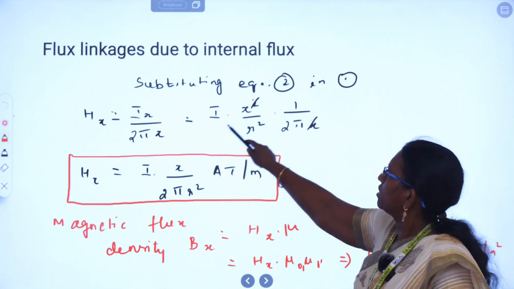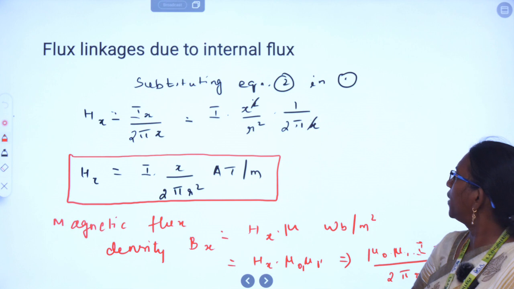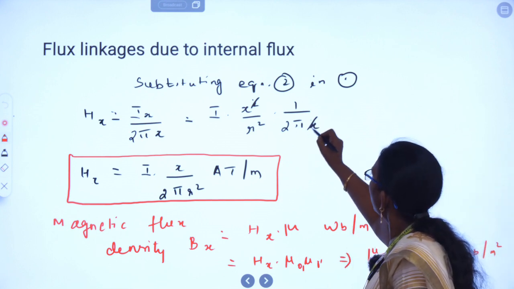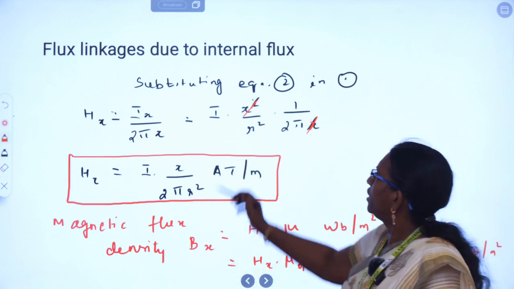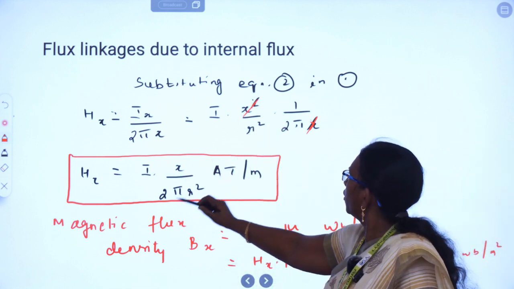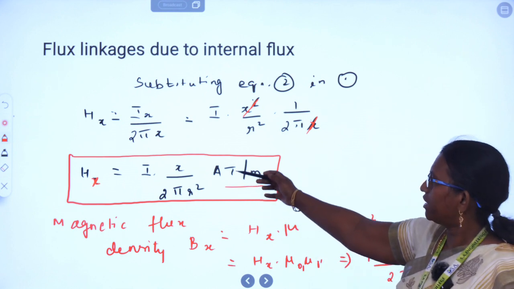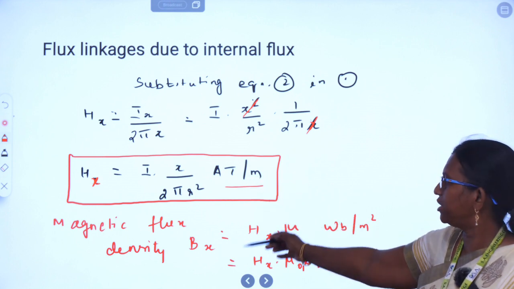So I into x square by r square into 1 by 2 pi x. Here x and x square get cancelled and we have only I x divided by 2 pi r square. So H is nothing but I x divided by 2 pi r square, with the unit of ampere turns per meter.